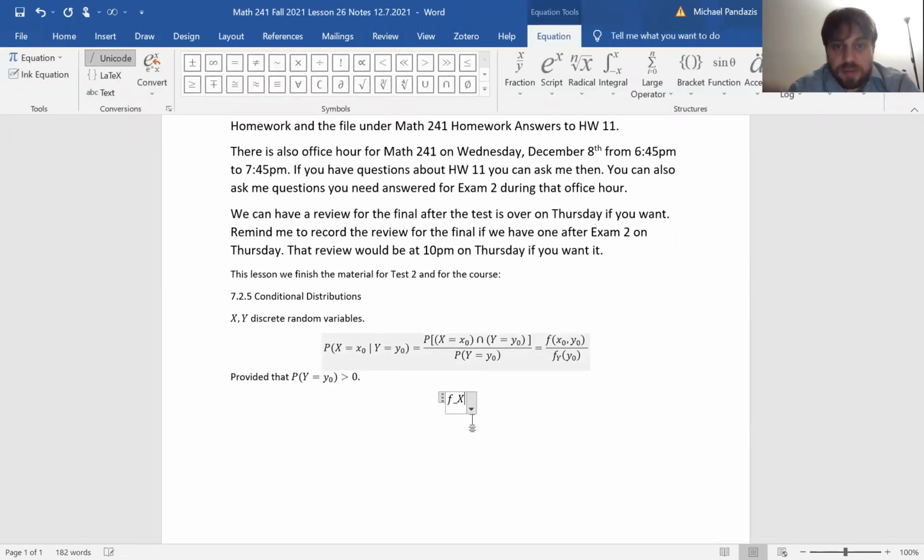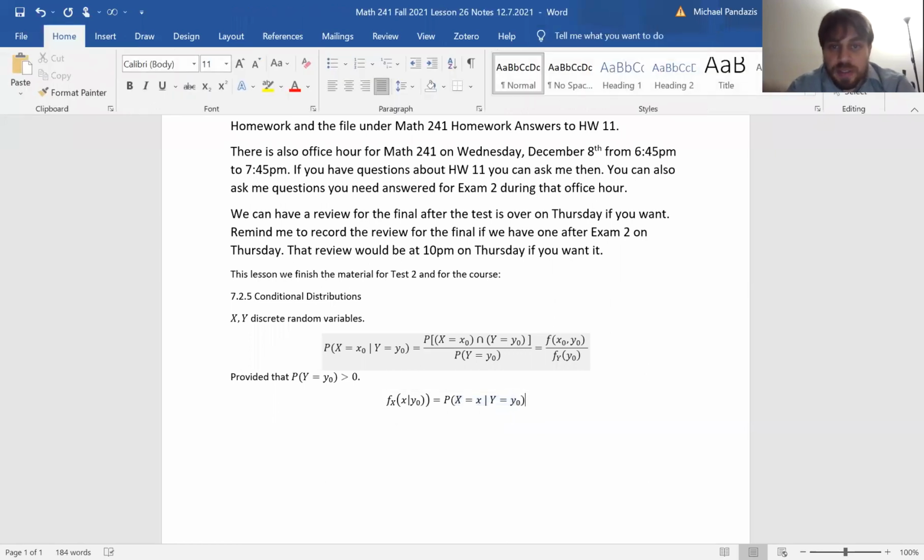Okay, now f sub X given Y of x given y naught is equal to the probability that X is equal to x, given that Y is equal to y naught. So that's the probability X equals x given Y equals y naught.